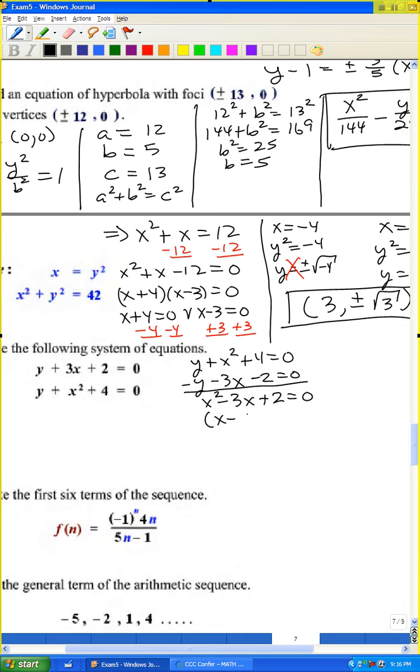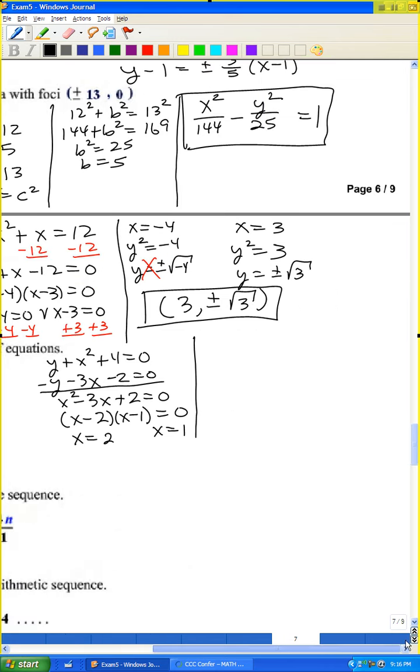I can factor this. And so I get x is equal to 2, x is equal to 1.